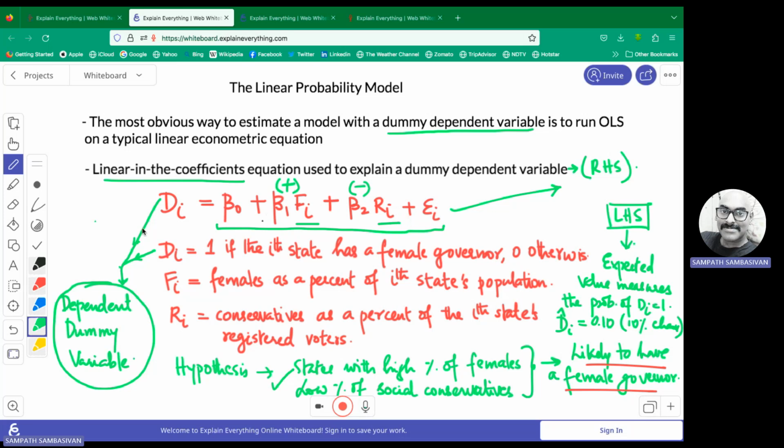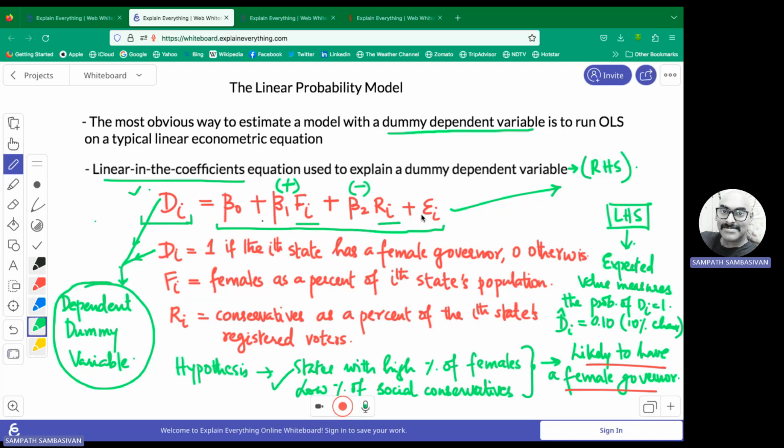Okay. Look at the left-hand side of this equation. The left-hand side has Di, which is the dummy variable that captures whether the state has a female governor or not, which we have defined as D equal to 1 if the state has a female governor and 0 otherwise. The question is, what does this Di indicate? What does this Di capture?